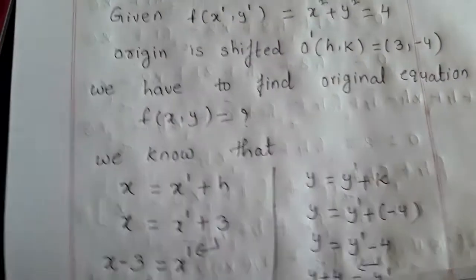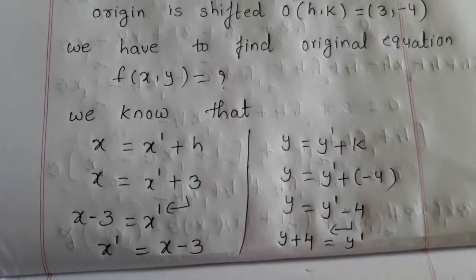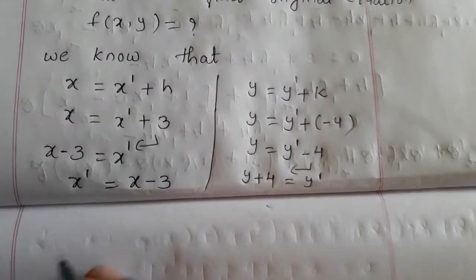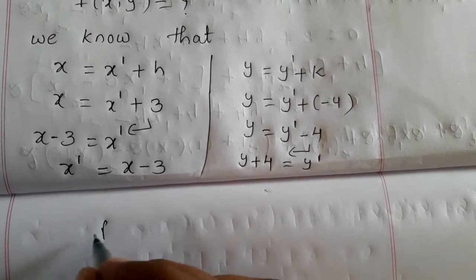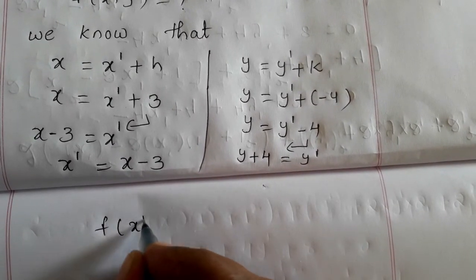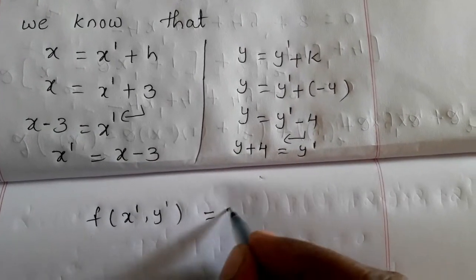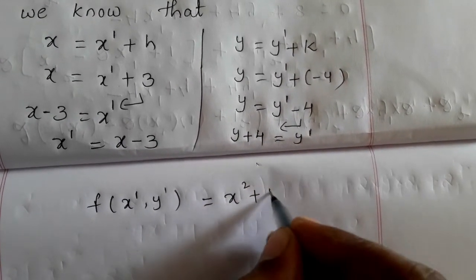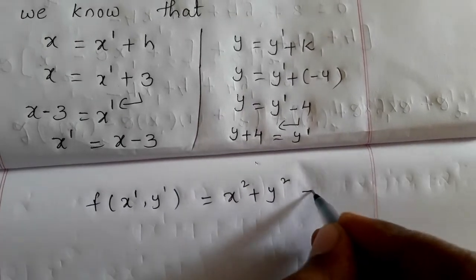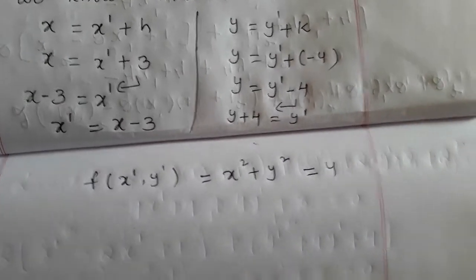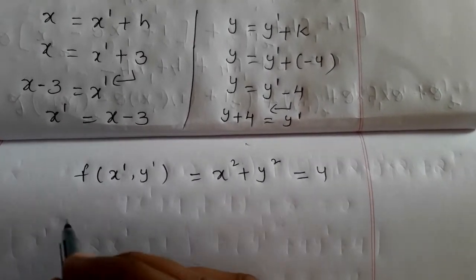So you have to substitute here. Okay, f of x dash comma y dash is equal to x square plus y square equal to 4. So now substitute here.